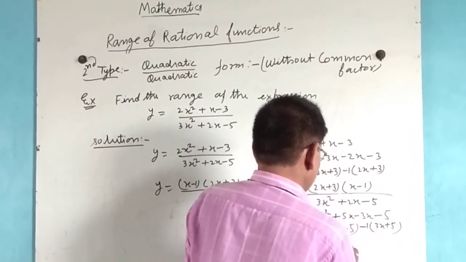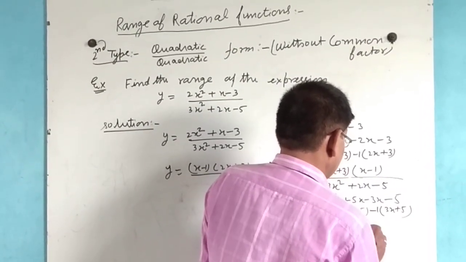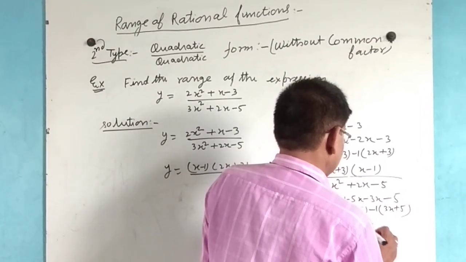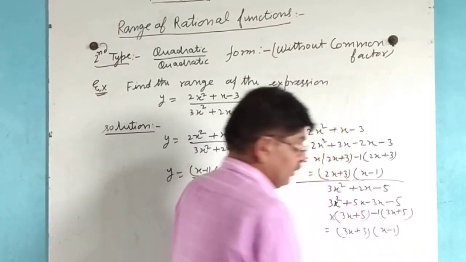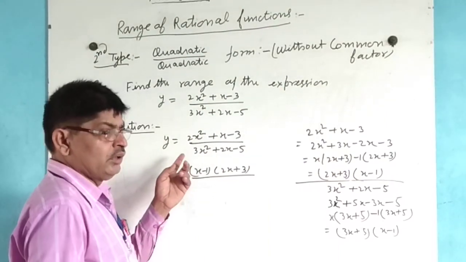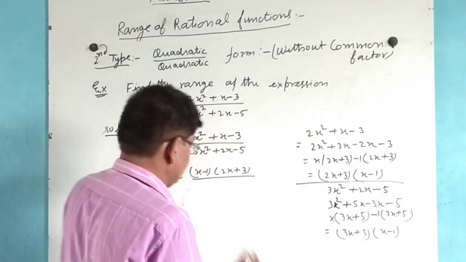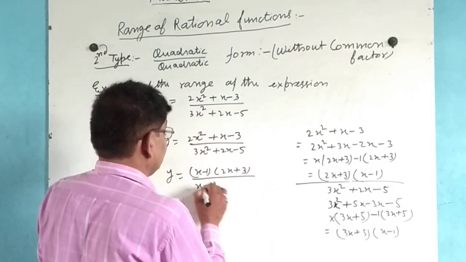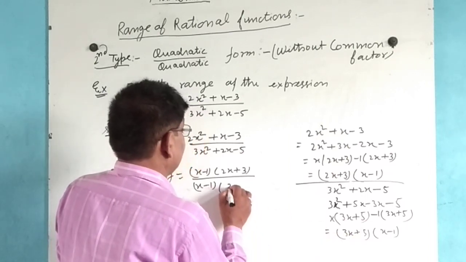Now 3x plus 5, here rest x minus 1, so that we can write 3x square plus 2x minus 5 as x minus 1 times 3x plus 5.